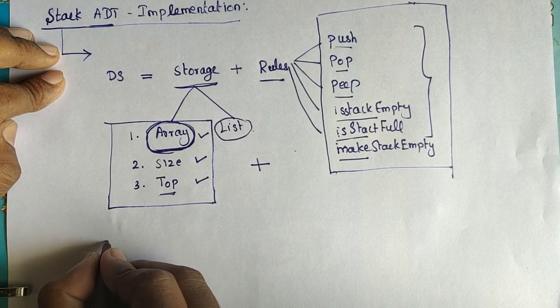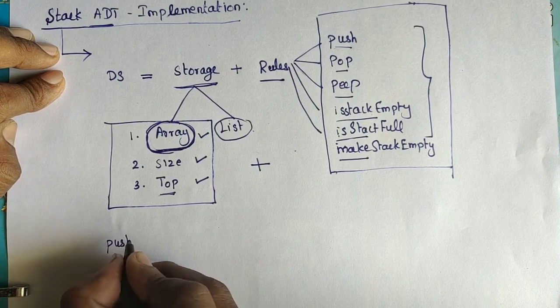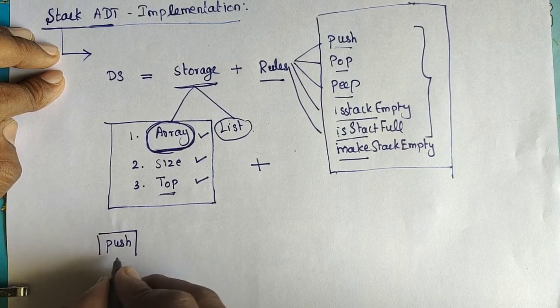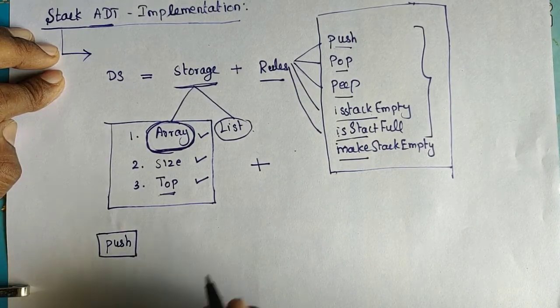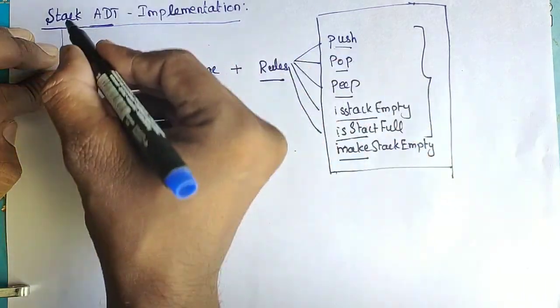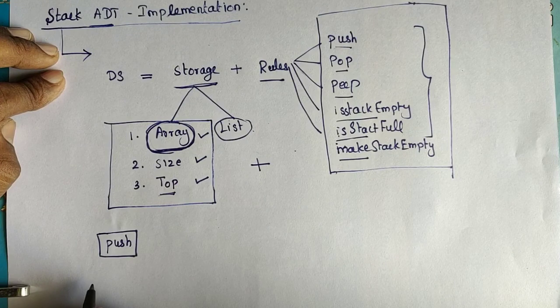If you are considering the push operation, it is going to be implemented as a function. When you define a function, this is going to be added as a member function in the stack. We need to identify what is the input needed for this function, and what should be the output.